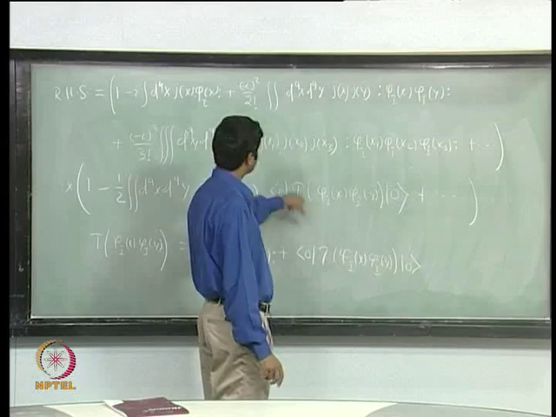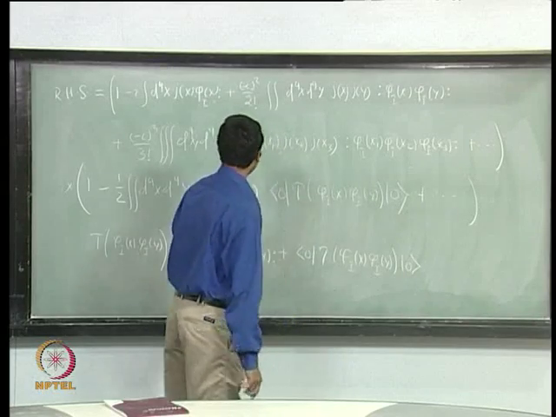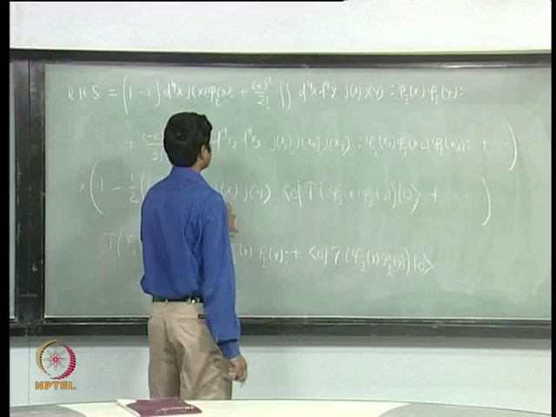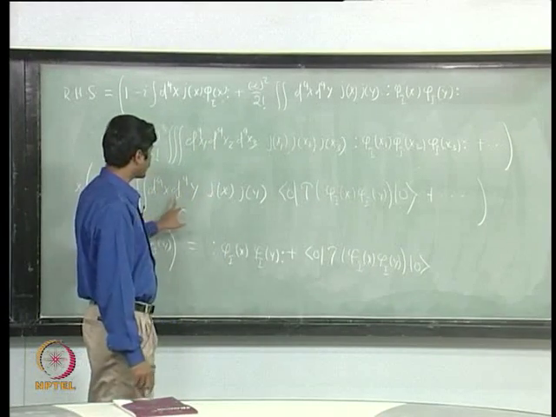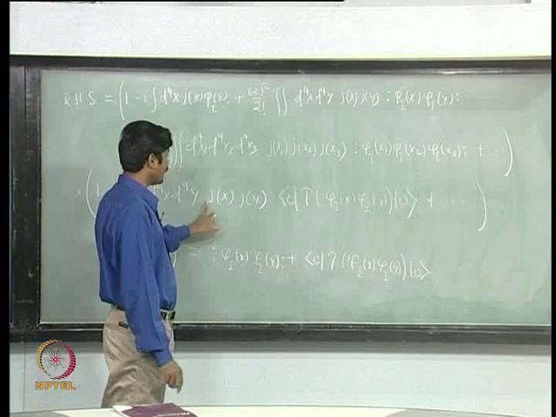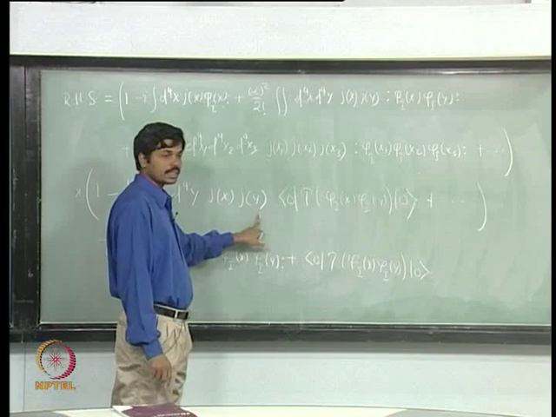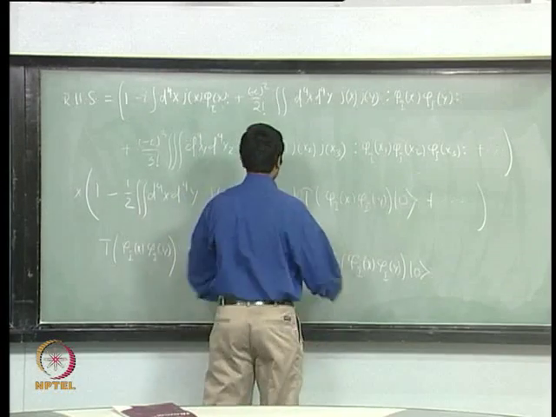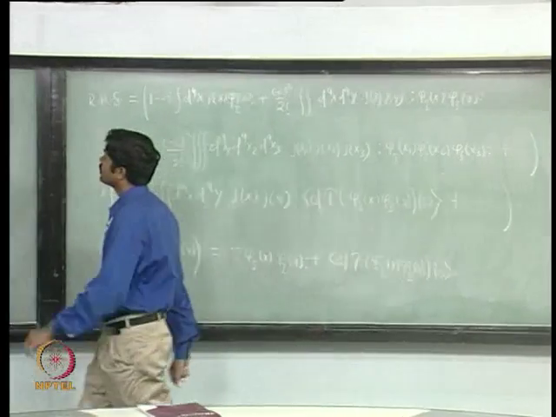Okay. So, you can see that this you can again write as integration d 4 x 1, d 4 x 2, d 4 x 3 times j x 1, j x 2, j x 3, and then there will be 3 terms here.